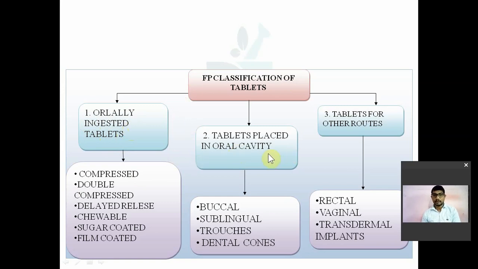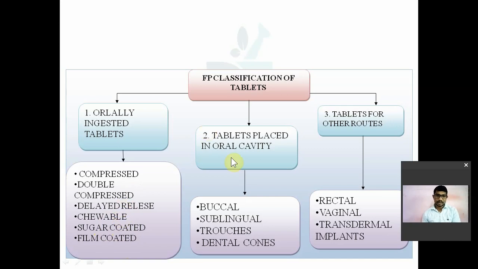Third class is the tablet for other routes. Orally ingested tablets include compressed tablets, simple compressed tablets, double compressed tablets, delayed release tablets, also known as prolonged release tablets, chewable tablets, sugar coated tablets, film coated tablets, enteric coated, and a lot more.